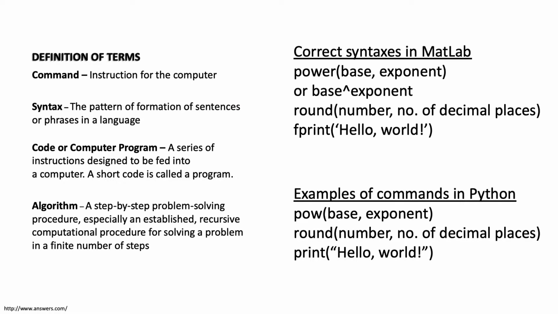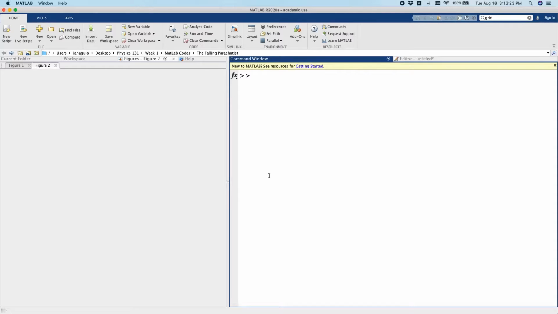A syntax is the correct way of typing a command. In both MATLAB and Python, when you begin to type in a command, it will show you the correct syntax. For example, in MATLAB, the correct syntax for raising a number to a certain power is power, open and close parentheses, the base number, comma, and then the exponent.